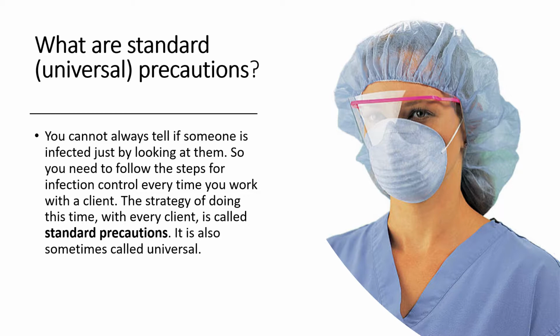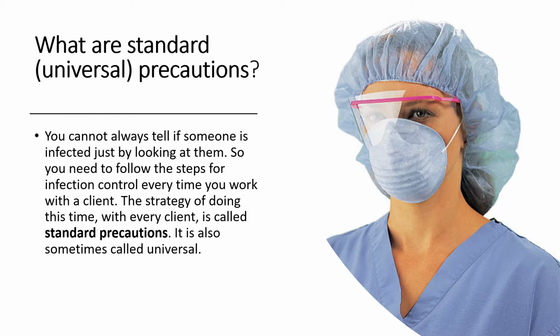So what are standard or universal precautions? This means that you follow steps for infection control every time you work with every client, whether they have an infection or not. It is also called universal precautions.